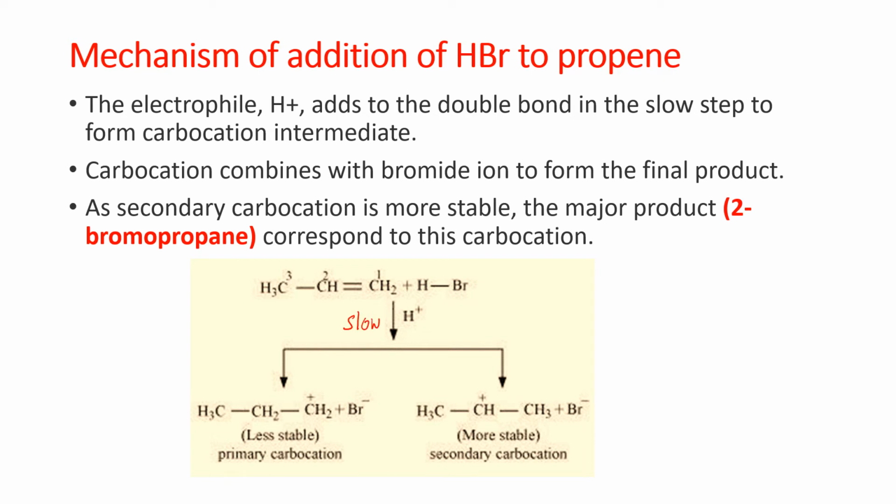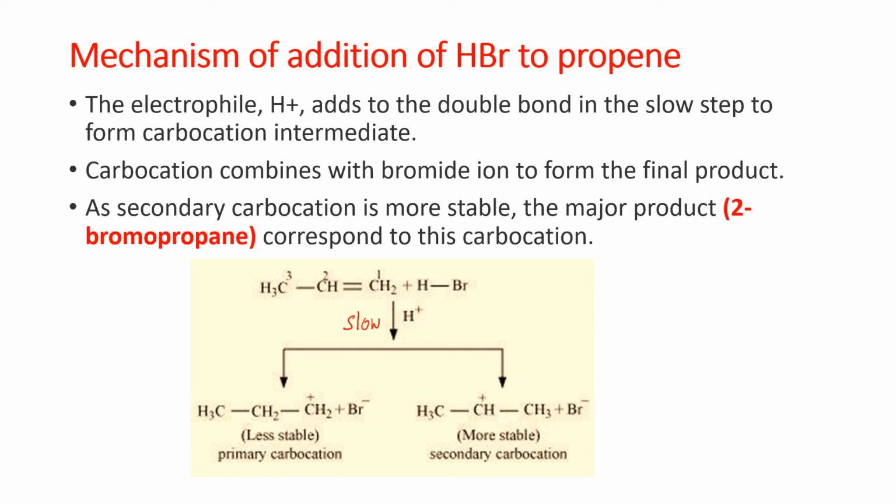step. And in this case, there is the possibility of formation of two carbocations. One is a primary carbocation which is less stable, and the other one is a secondary carbocation which is more stable.